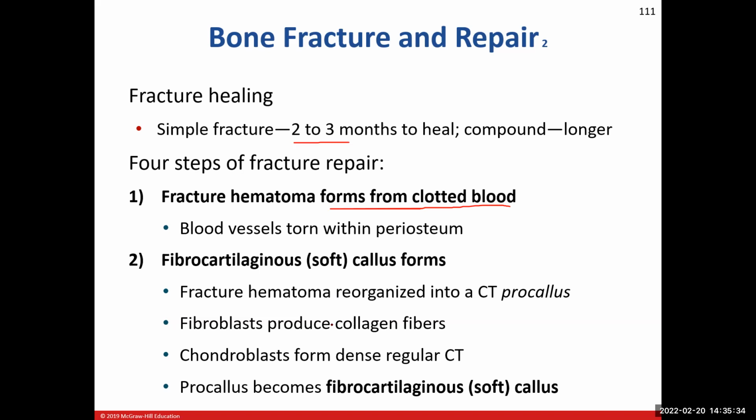The fibroblasts that come on hand start to produce collagen, and they're going to pull things together, try to stabilize that area. The chondroblasts in that area are going to start to form our dense connective tissue. Again, we're going to form this kind of cartilage scab here in the area.